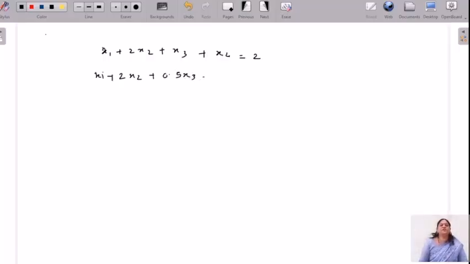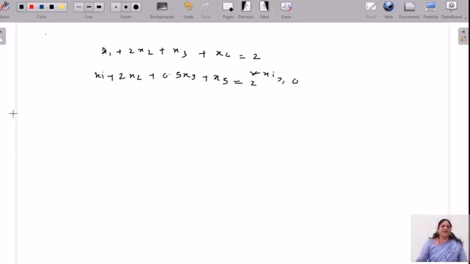Here also the constraint is of less than or equal to type. Therefore, we add a slack variable, say x5, equal to 2. All xi are greater than or equal to 0, obviously i is from 1 to 5.